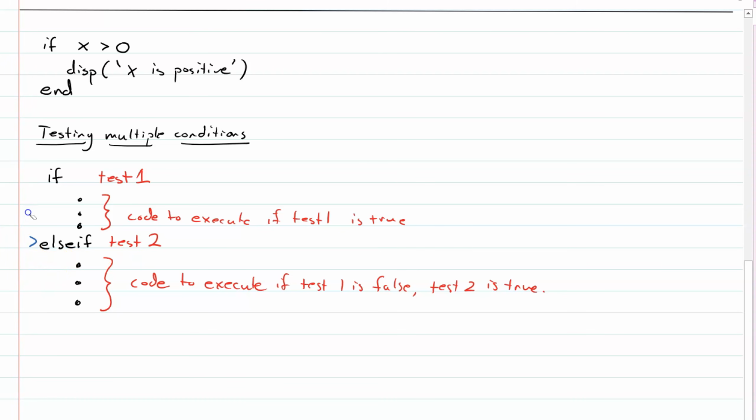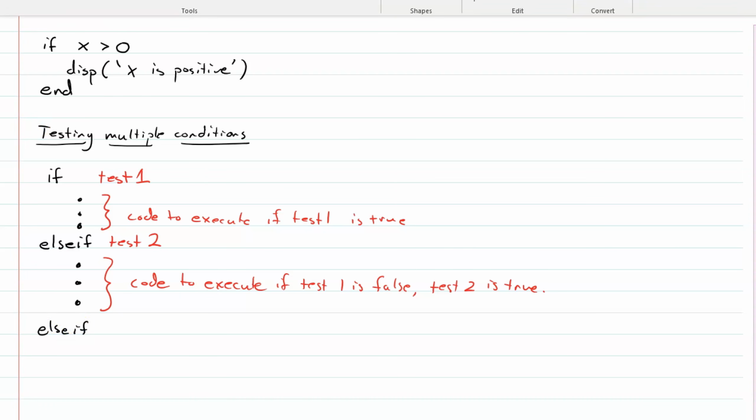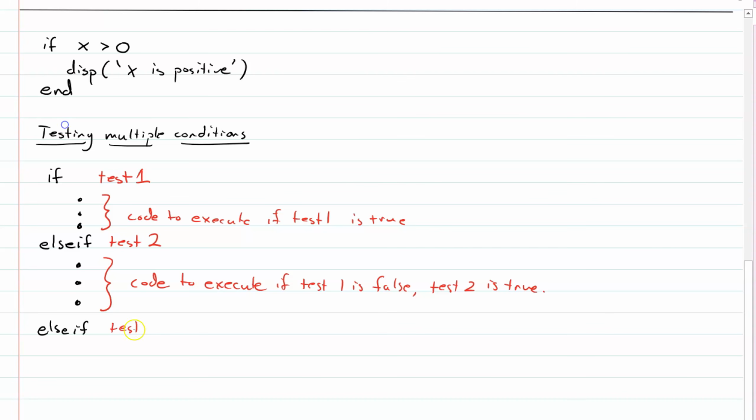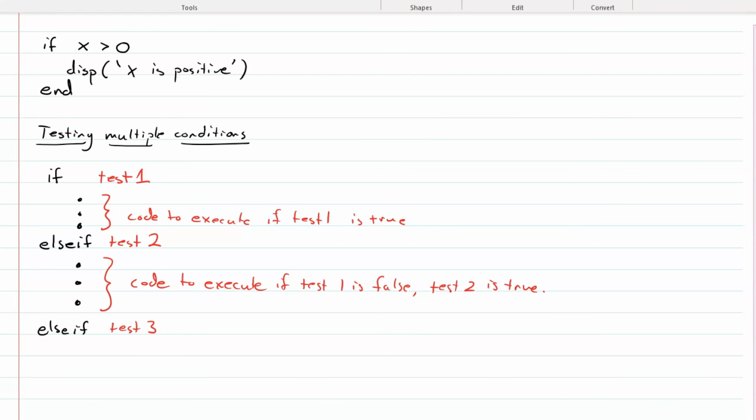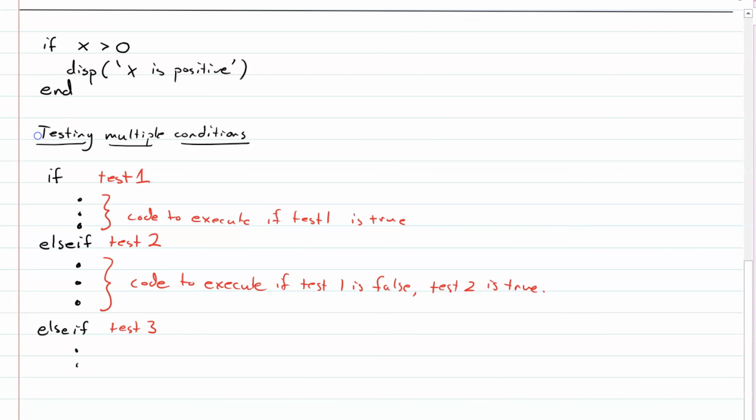And you can keep just adding more and more here. So I could add like another test, which would be like else if test 3. And then I would have code to execute if both of the previous ones are false.